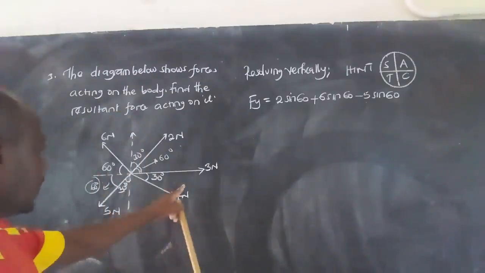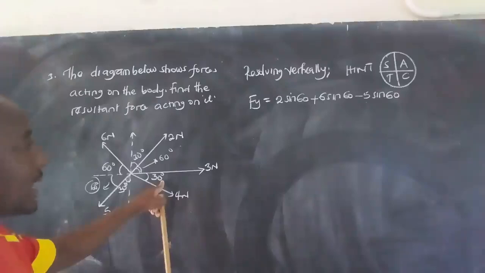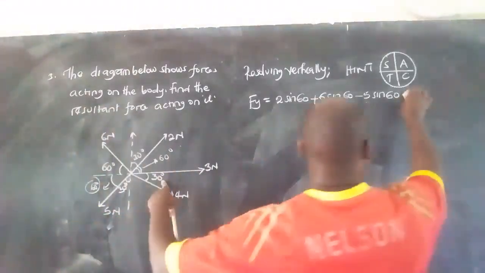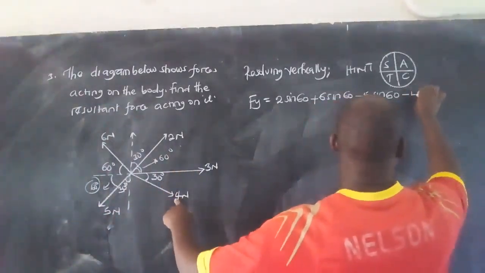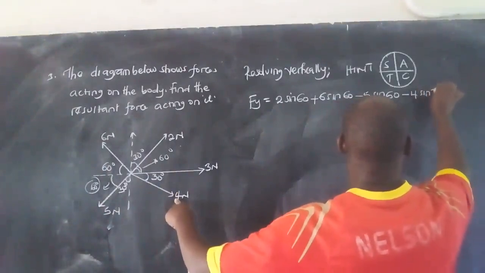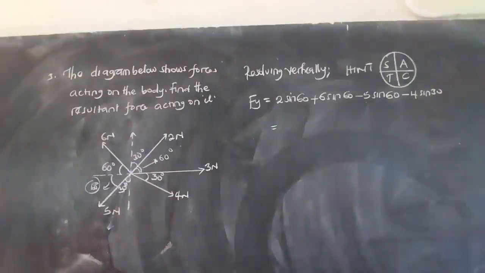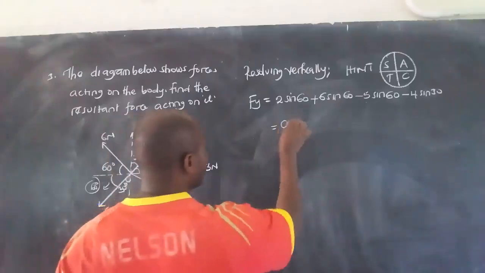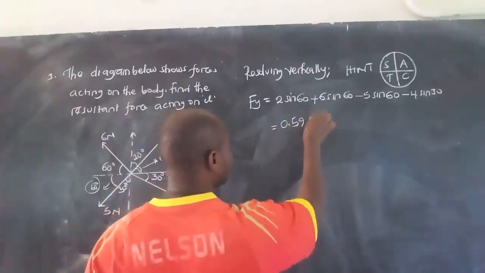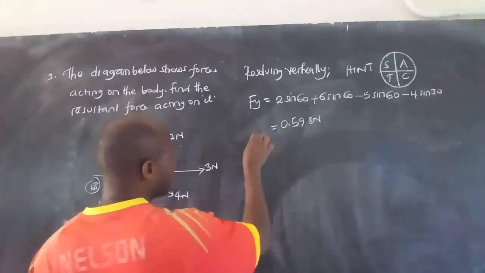Then this one is also minus, minus 4 sine of 30. So when you use a calculator, my dear friends, you'll be able to get 0.598.